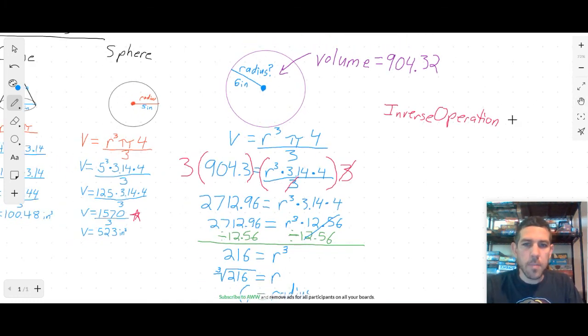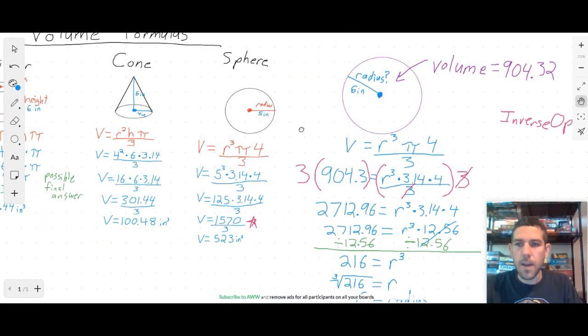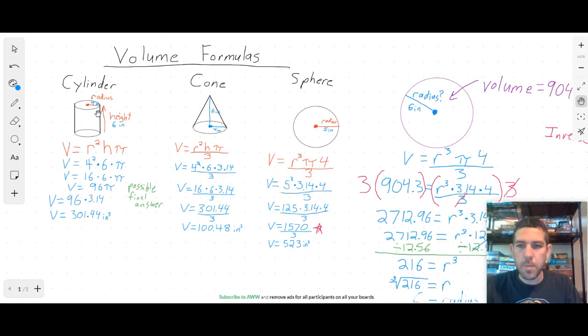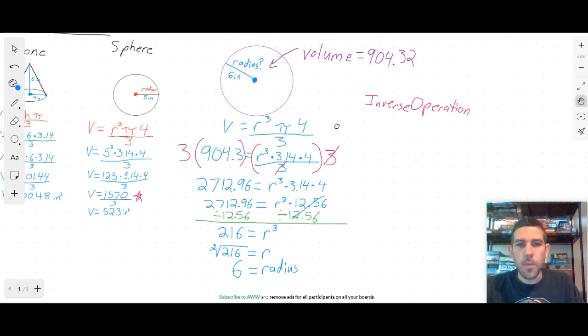So to recap, the formulas are used to find volume by plugging in the information you know, or you can use the formula in inverse operation to even figure out pieces of the figure if you know the volume.